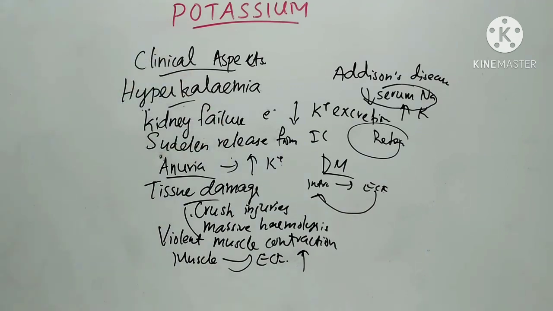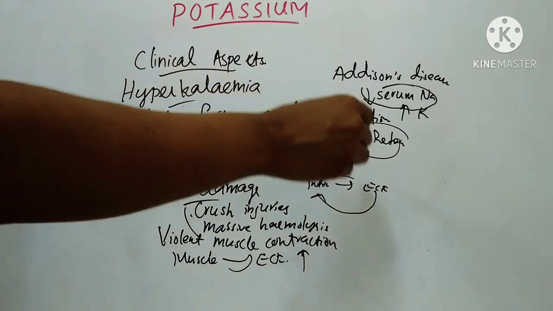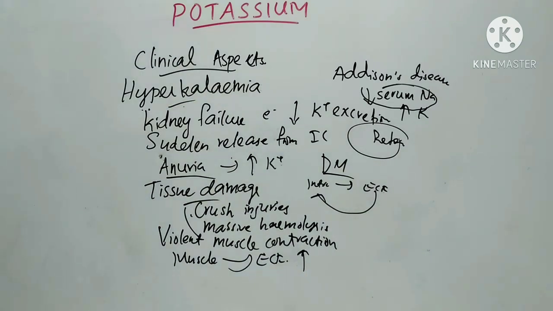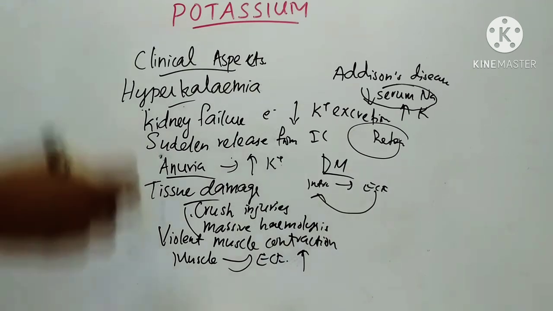This in turn causes a fall in the plasma concentration of potassium. This is treated by administration of potassium to restore what has been lost in the urine during the period of acidosis. So that is about hyperkalemia.